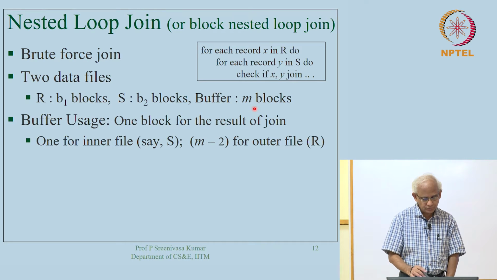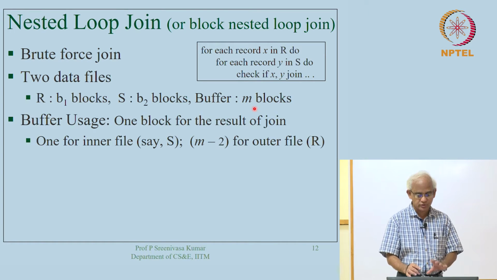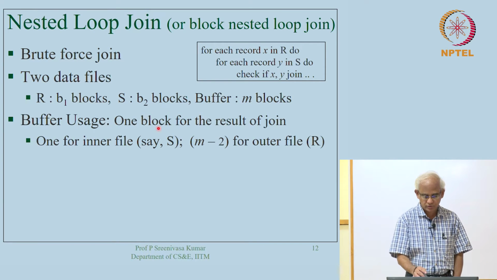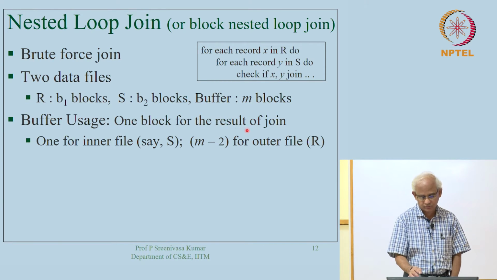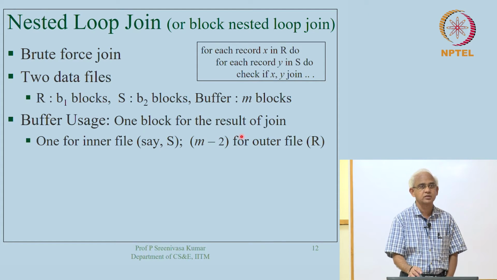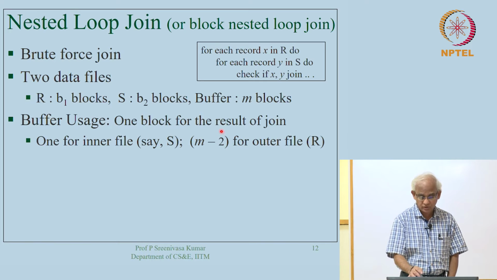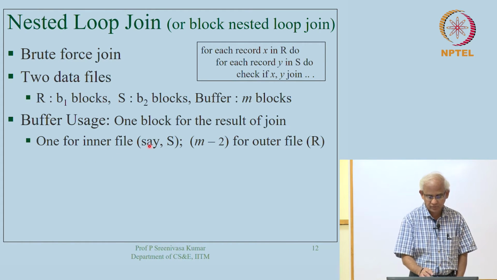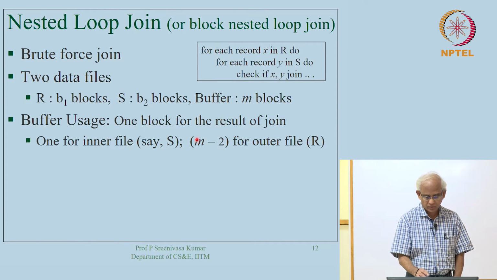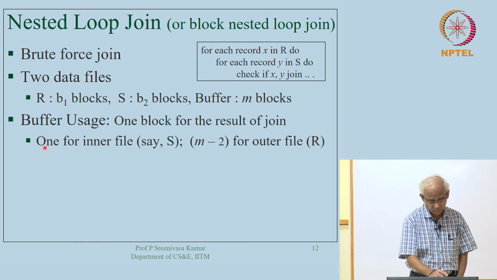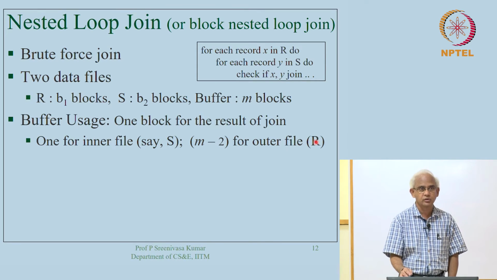As far as the buffer usage is concerned, we have M blocks. One block we will reserve for storing the result of the join, and for the inner file, which is S, we will use one block, and M minus 2 for the outer file.